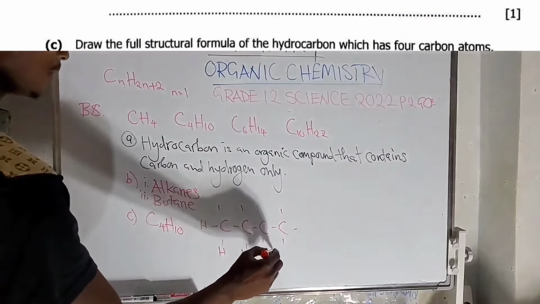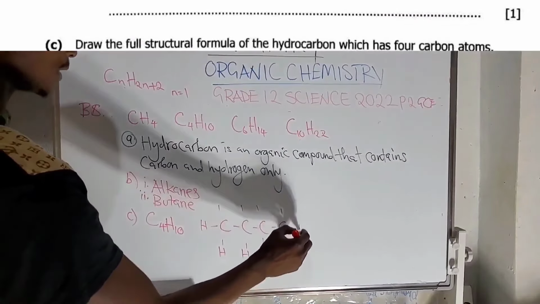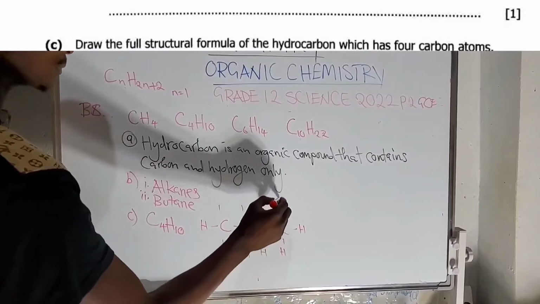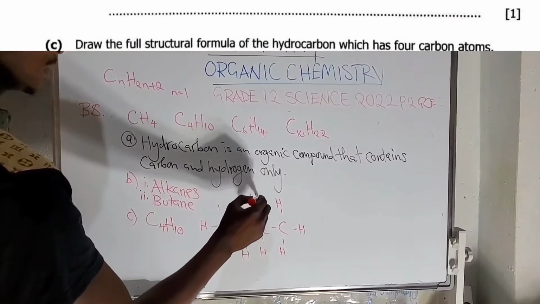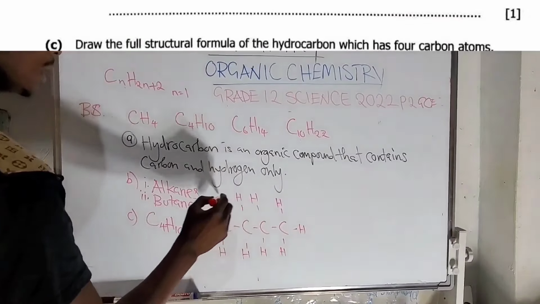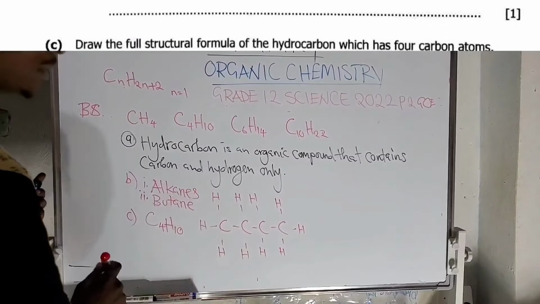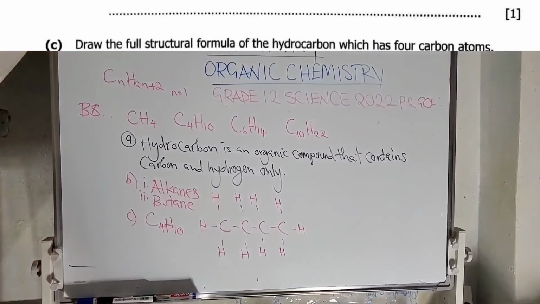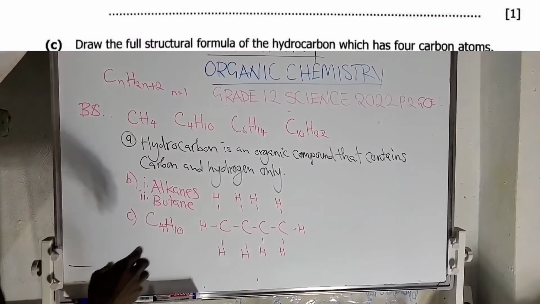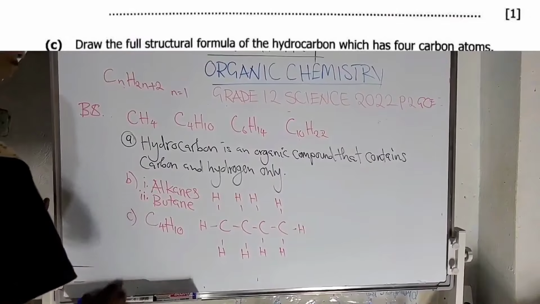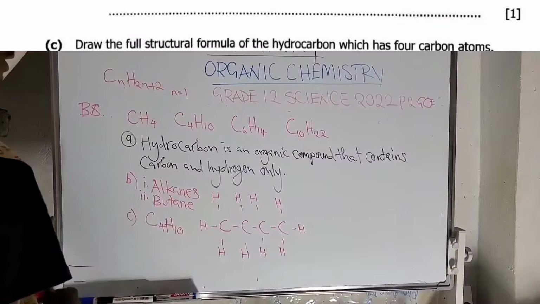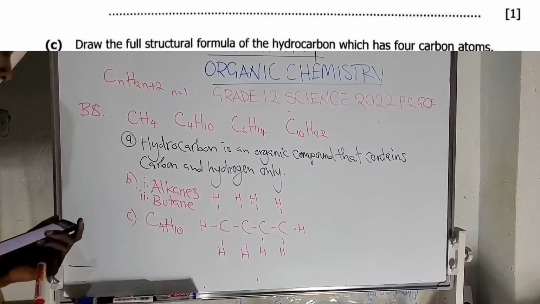You can start with any as long as they fit. 8, 9, 10. This is the structural formula for butane, or a hydrocarbon with 4 carbon atoms. So that is the answer.